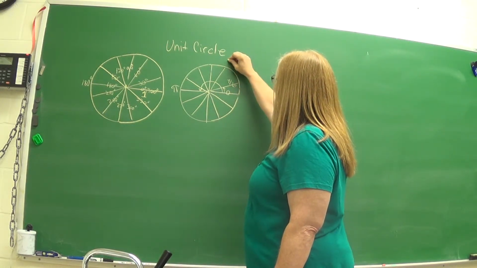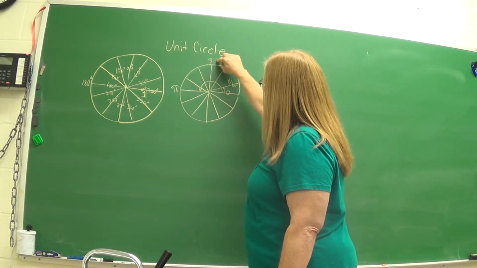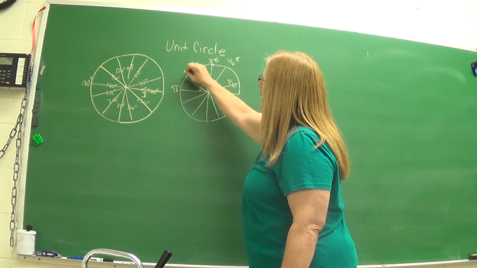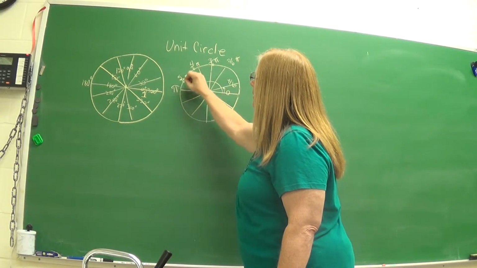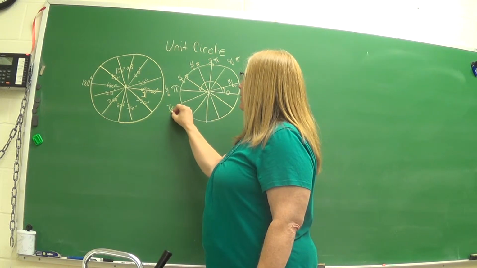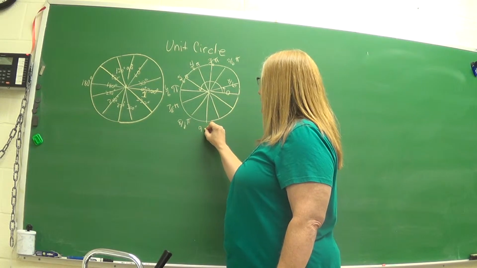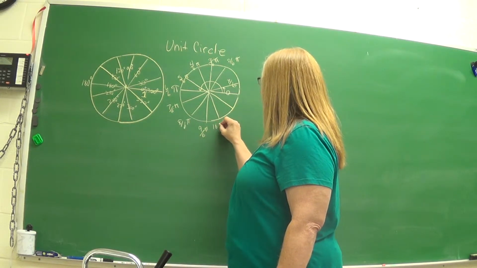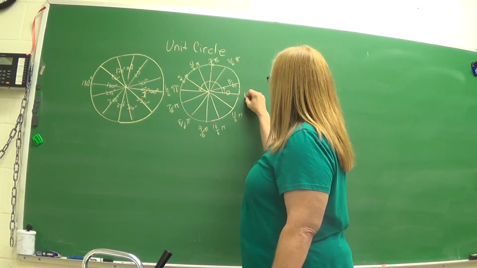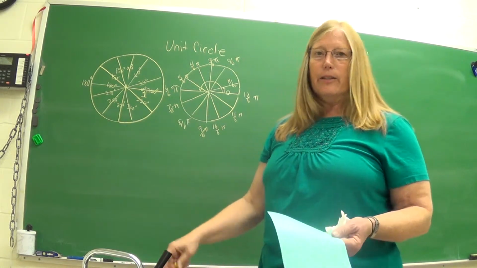So 1/6 pi, 2/6 pi, 3/6 pi, 4/6 pi, 5/6 pi, 6/6 pi, 7/6 pi, 8/6 pi, 9/6 pi, 10/6 pi, 11/6 pi, and 12/6 pi. So just counting my sixths, I just go around.